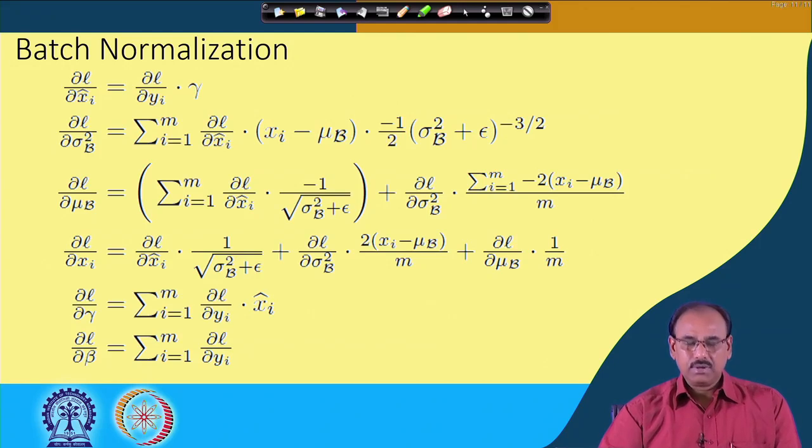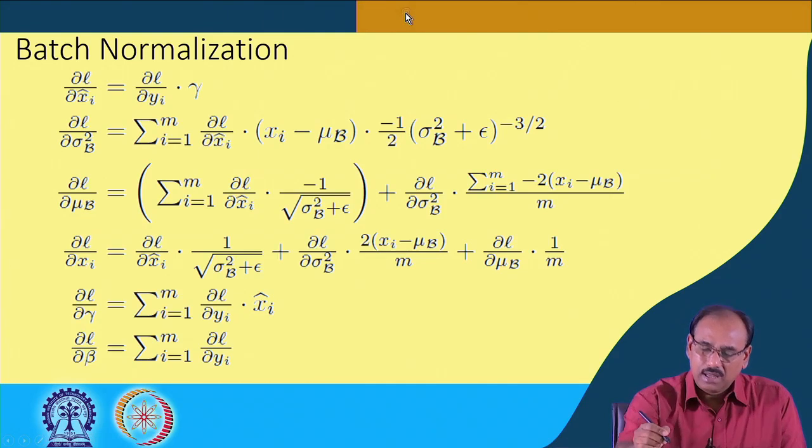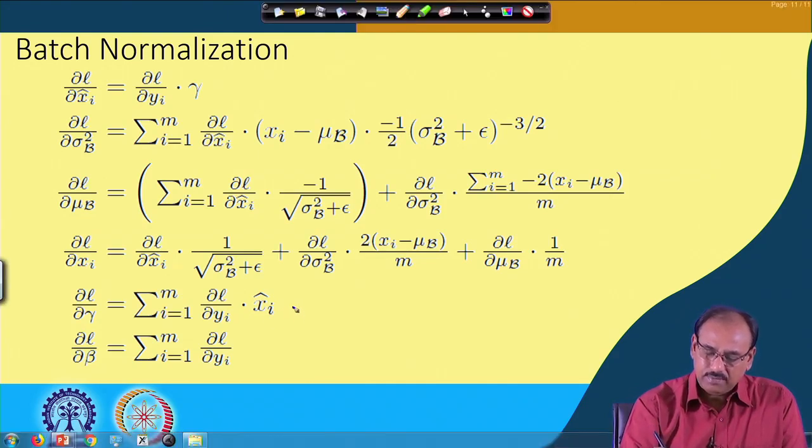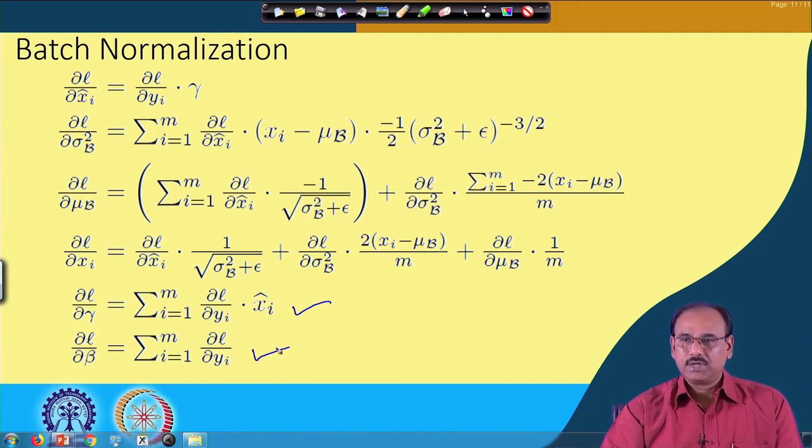For that you have to take the gradient of the loss function with respect to gamma as given over here, and also the gradient of the loss function with respect to beta as given over here. So this is what batch normalization is.